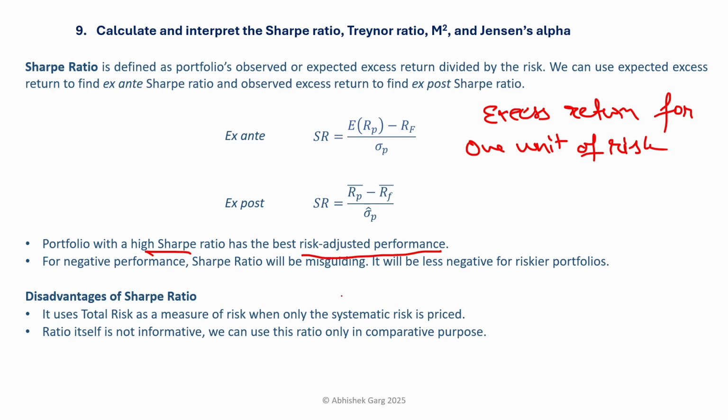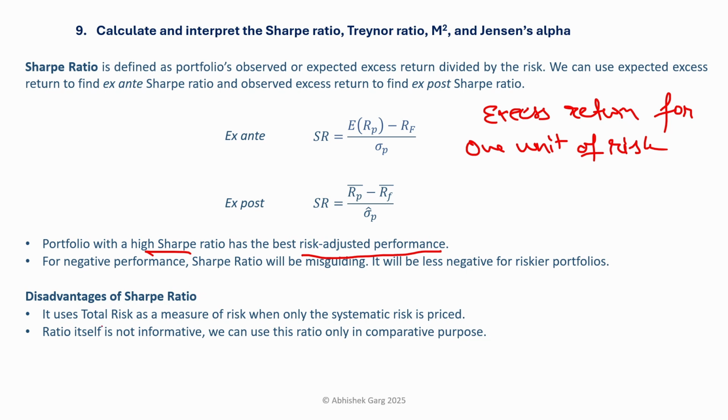For negative performance, the Sharpe ratio will be misleading. It will be less negative for riskier portfolios. So we cannot use the Sharpe ratio to analyze the performance of a portfolio which is negative.